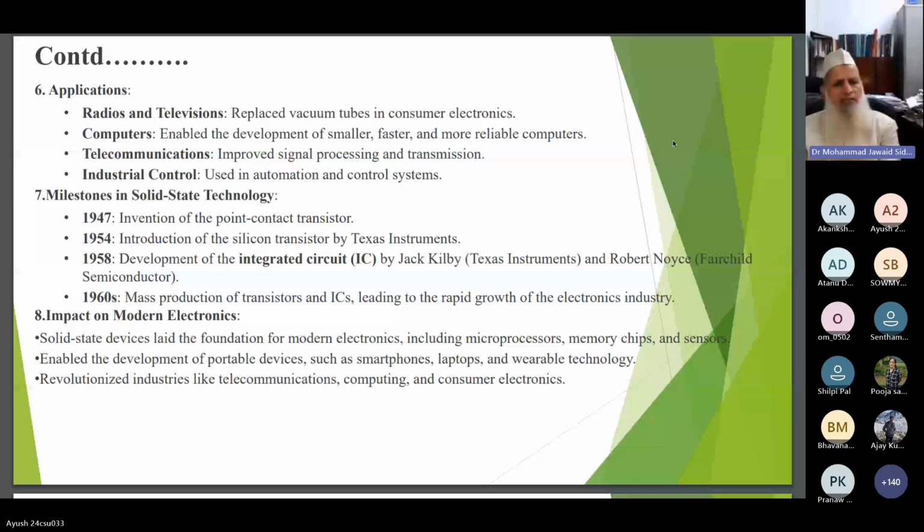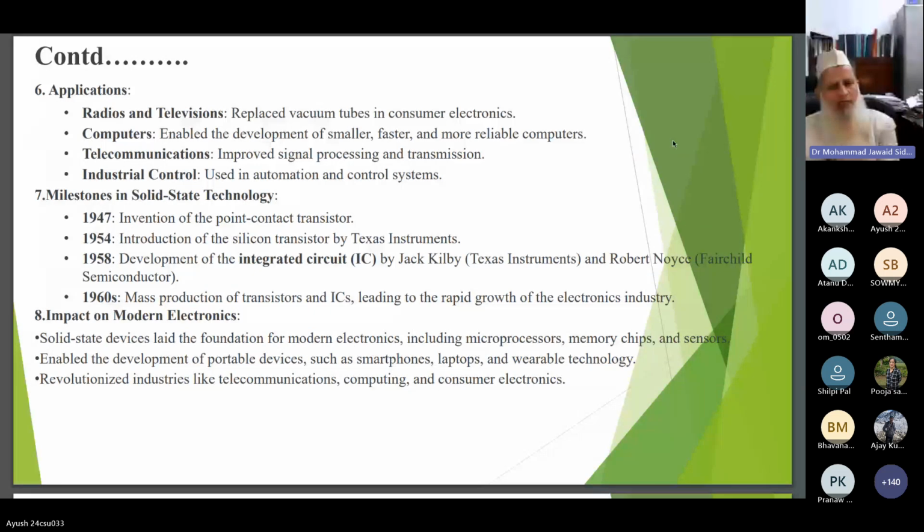In 1958, the first integrated circuit was made by Texas Instruments and also by Fairchild. Mass production of transistors and ICs, integrated circuits, happened in the 1960s.